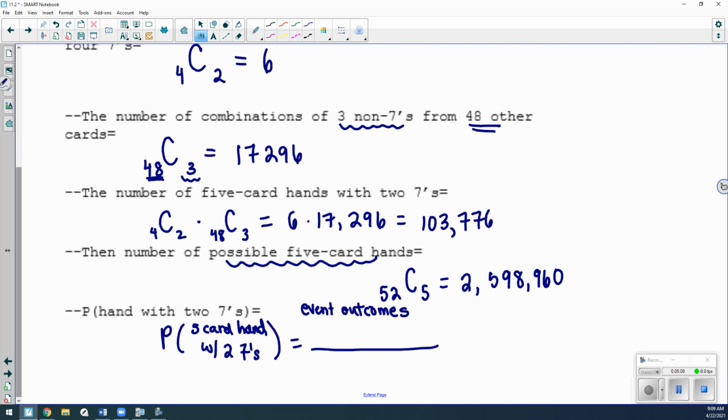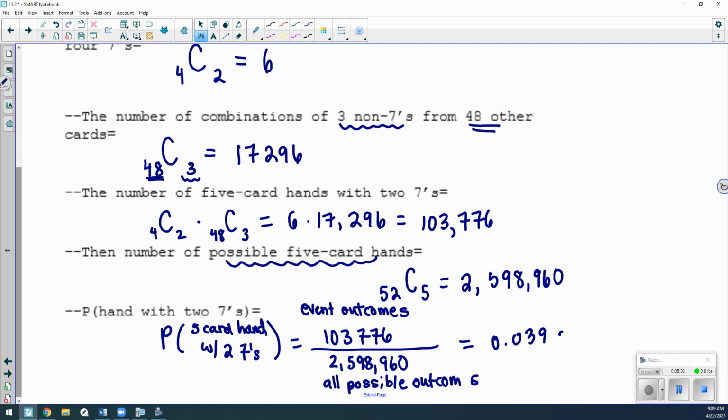Well, that would be 103,776. And then what are all possible outcomes? So all possible outcomes is this 2 million number, 2,598,960.